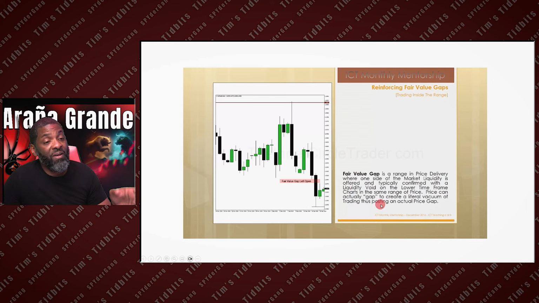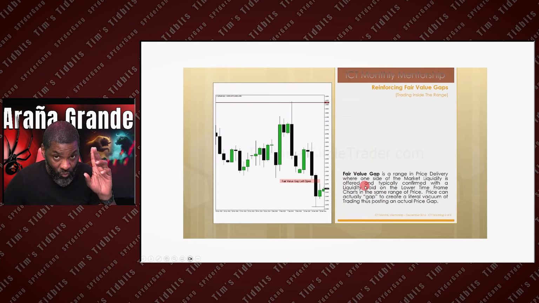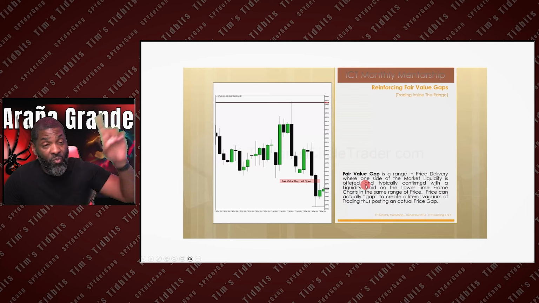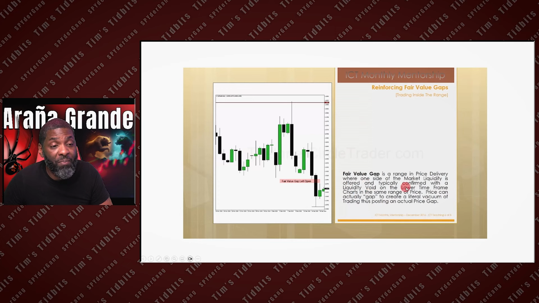All right, so a fair value gap is a range in price delivery where one side of the market liquidity is offered, meaning one side delivery. Remember I told you one side delivery, right? One side of the market is offered and typically confirmed with the liquidity void. Ignore that, that's the old liquidity void thing.